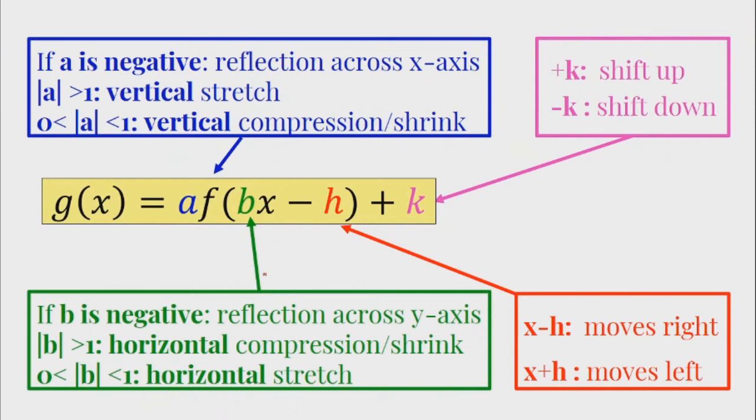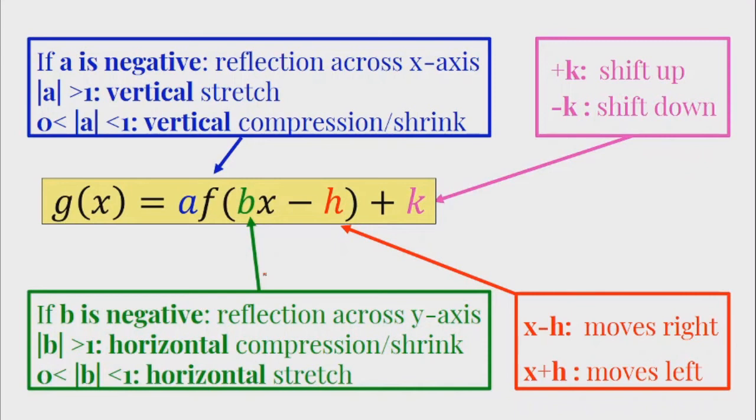In a nutshell, this is now a general form of transformation. What I've just described, the parameters a, b, h, and k, they affect every function the same way.